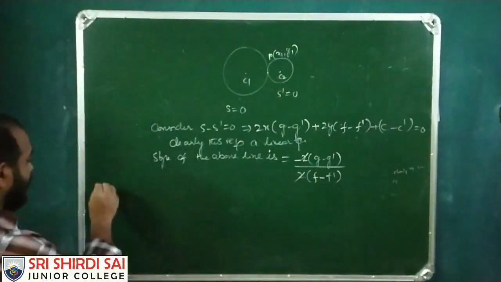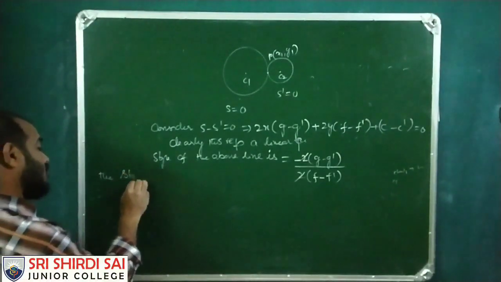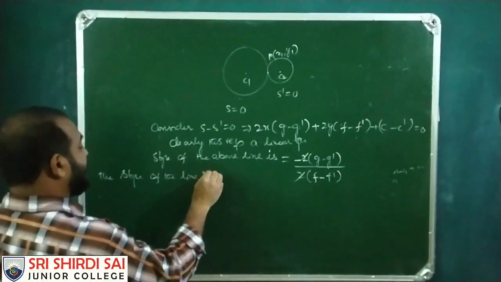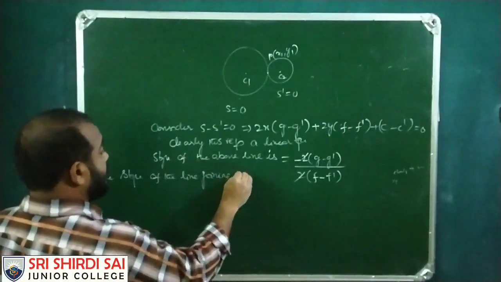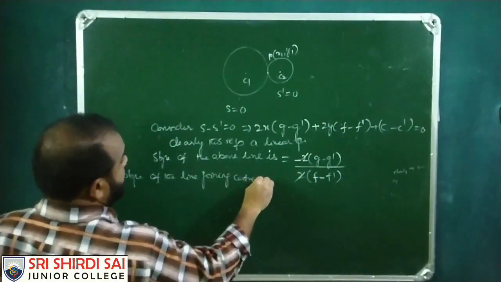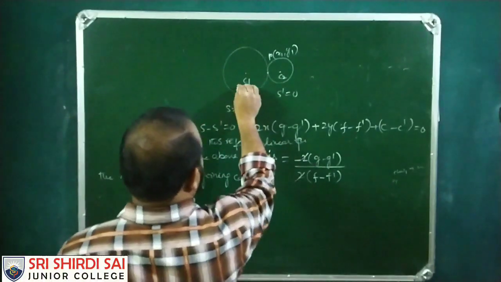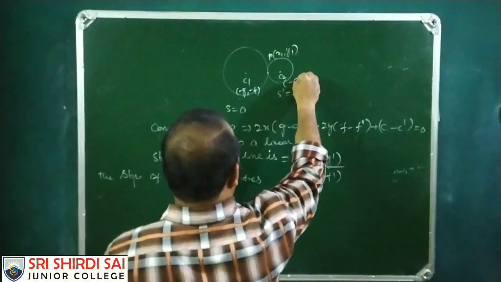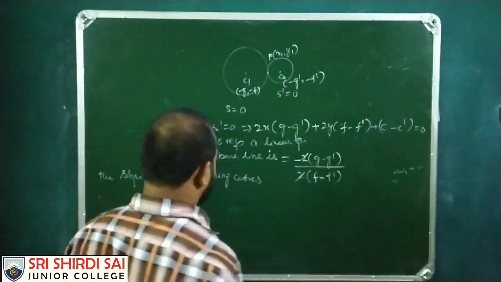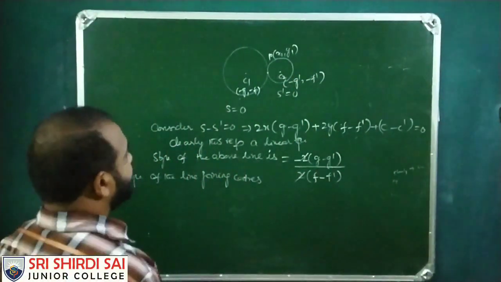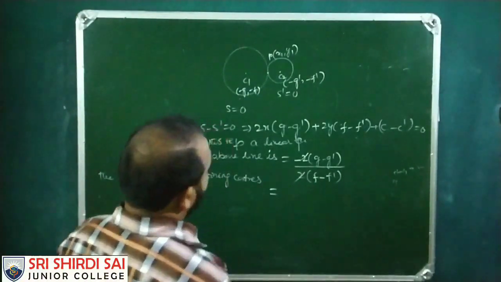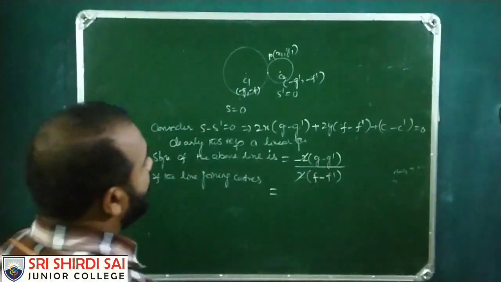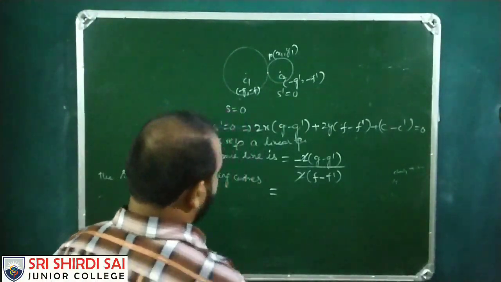Now the slope of the line joining the centers: this is C1, minus g comma minus f, and this is C2, minus g dash comma minus f dash. So this is equal to, with points x1 y1 and x2 y2, y2 minus y1 by x2 minus x1.